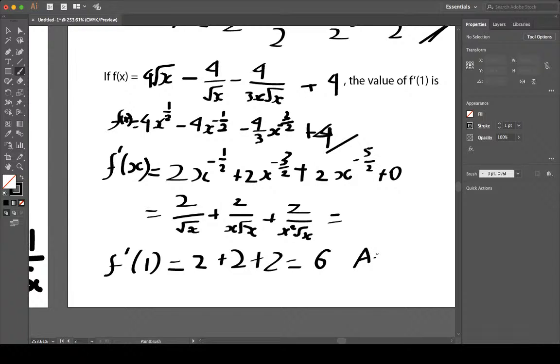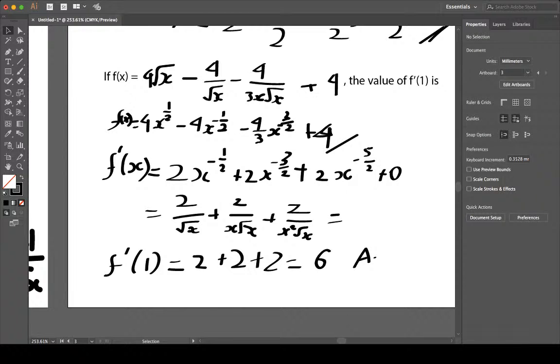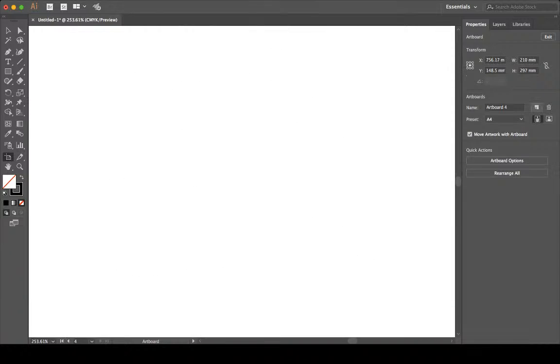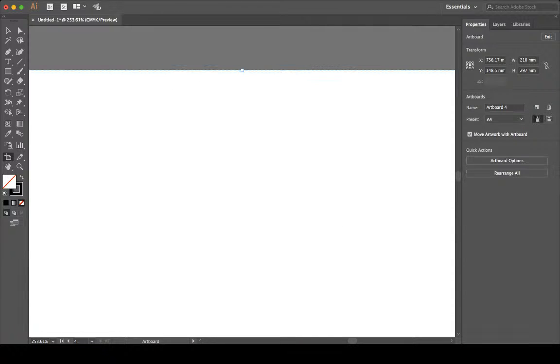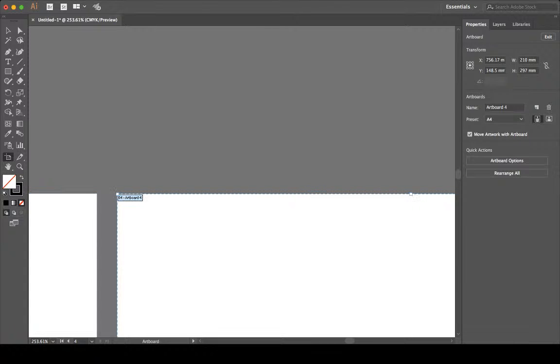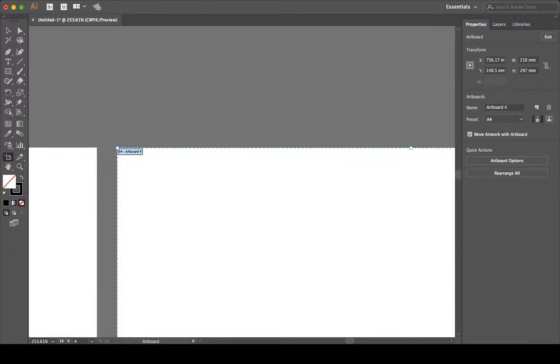Next up, the new artboard. Edit artboard, new one. There we go. So let me just cut back up. There we go. Okay, let me just actually put that.